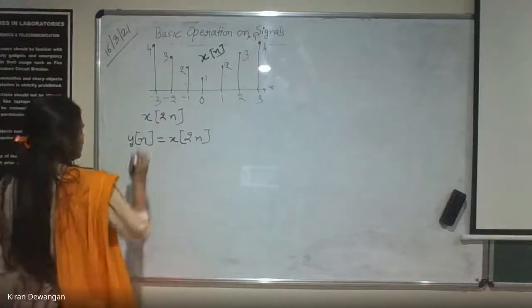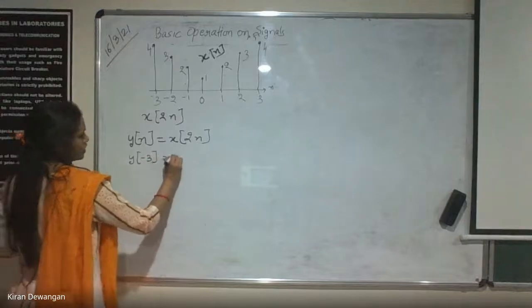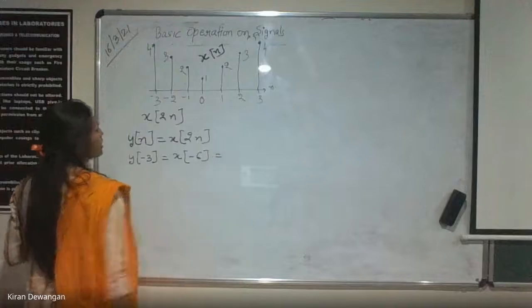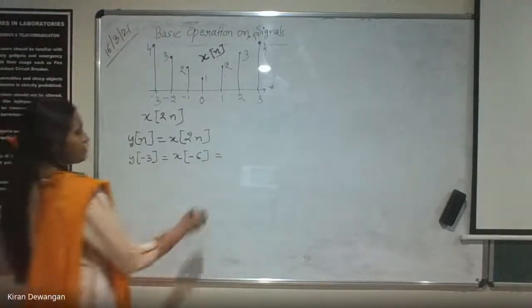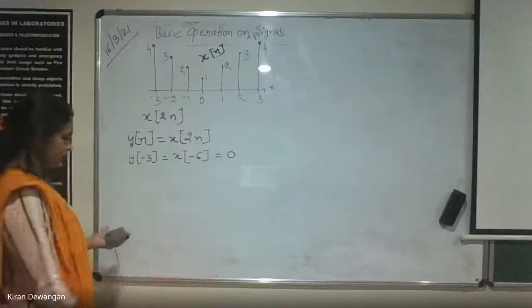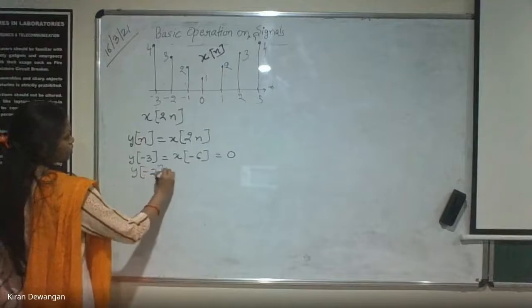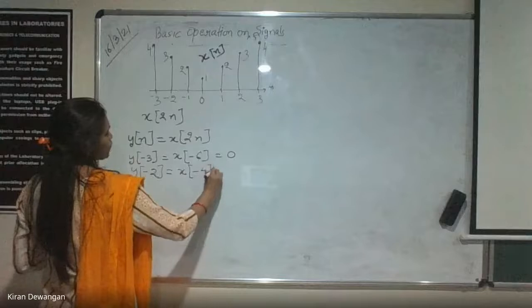Now we'll start with -3. Let us take y of -3. This becomes x of -6. Do we have a value at x of -6? No, we don't. It is 0. So we'll take y of -2. This becomes x of -4.